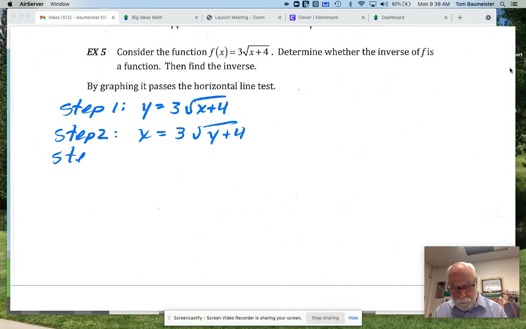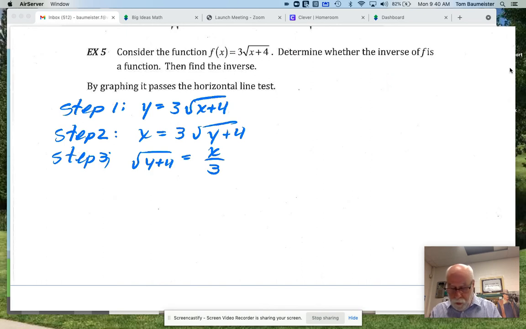Step three, we want to solve, so we're going to divide by 3, so we get the square root of y plus 4 is equal to x divided by 3.